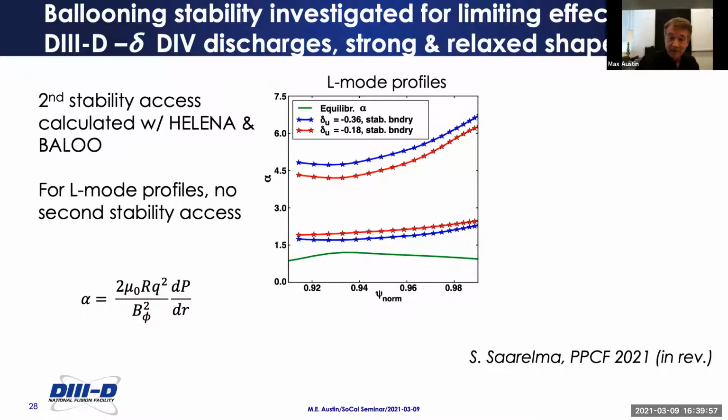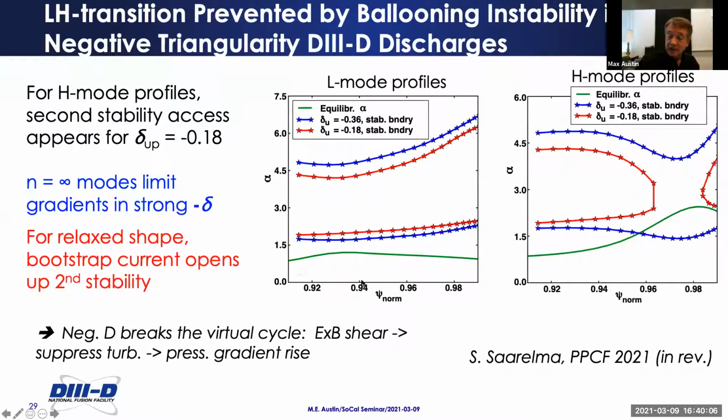But if you change to the actual pressure profile observed in the experiment, then for the case of the relaxed triangularity, it opens up this stability boundary. So you now have access to second stability.